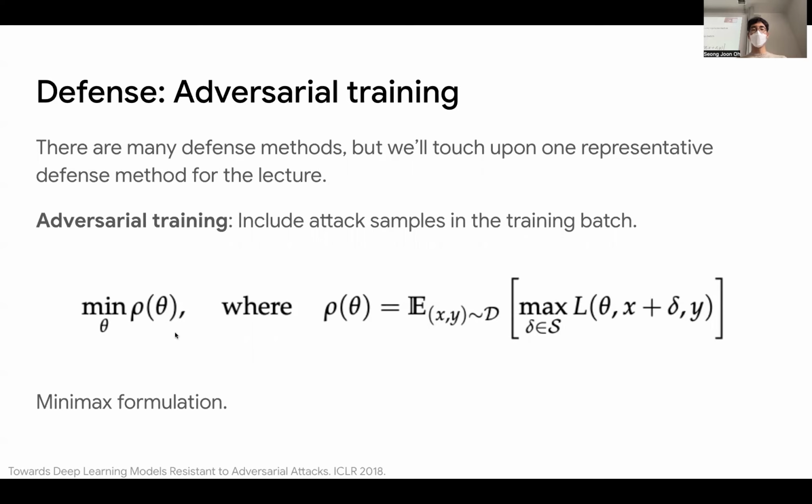So you're minimizing your loss with respect to theta, but at the same time, you're maximizing your loss with respect to this perturbation delta for every x. Okay, so in practice, what you do is you do a few PGD steps for every sample, and then generate an attack, and then use that attack for training your parameters. Okay.